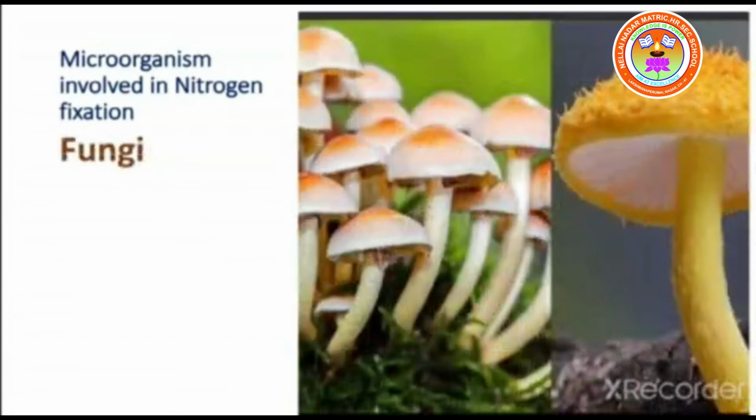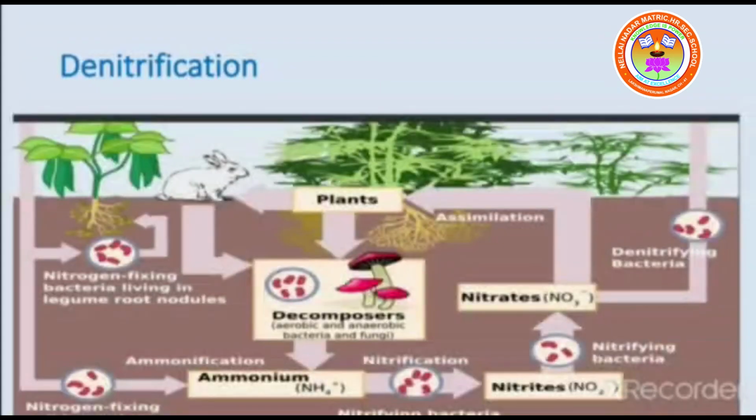Denitrification: the process in which the nitrogen compounds make their way back into the atmosphere by converting nitrates into gaseous nitrogen. This is the final stage of the nitrogen cycle and occurs in the absence of oxygen.